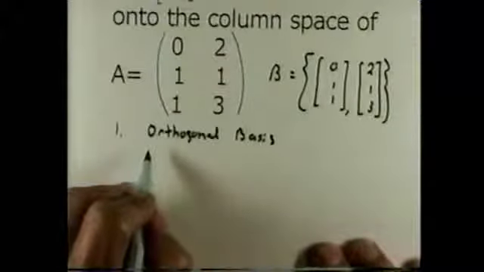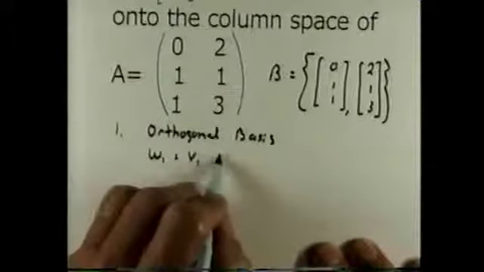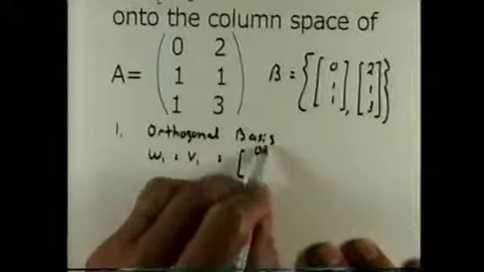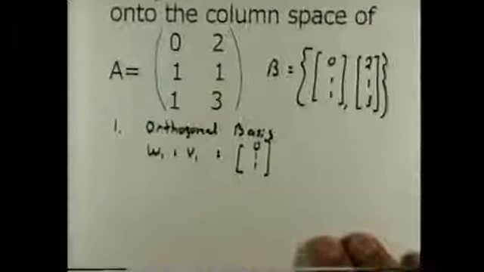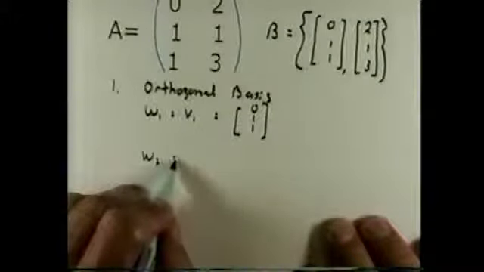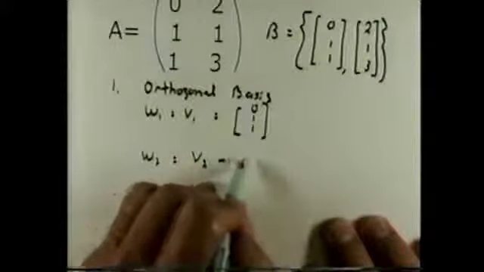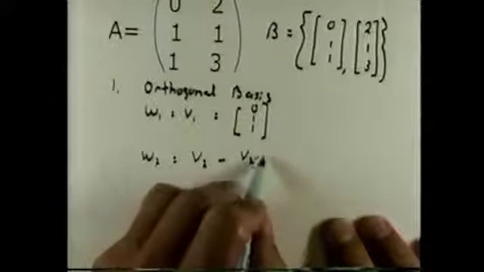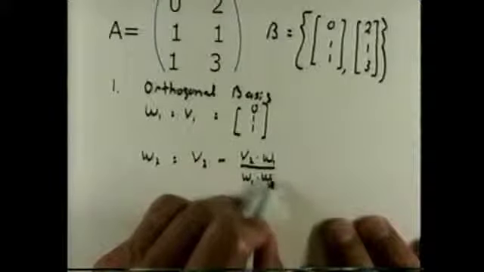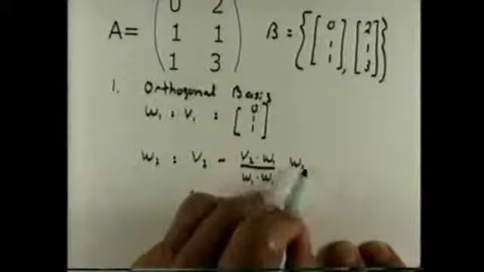Well, remember, to do that, we simply let W1 equal V1, which will equal 0, 1, 1. Now, W2 was equal to V2 minus V2 dot W1 over W1 dot W1 times W1.